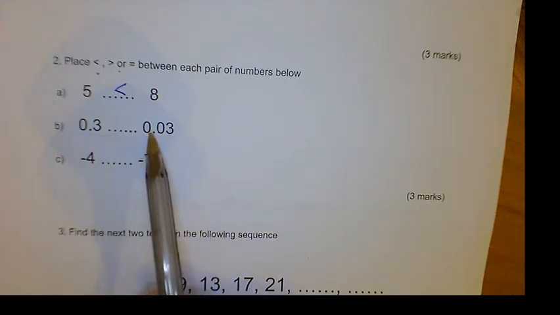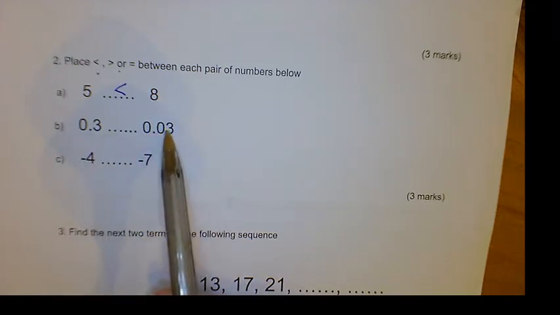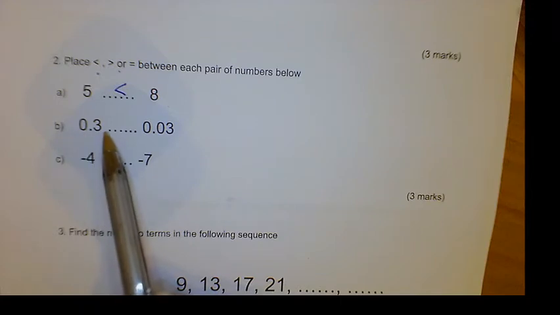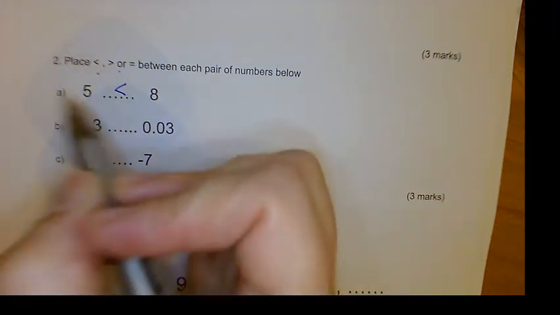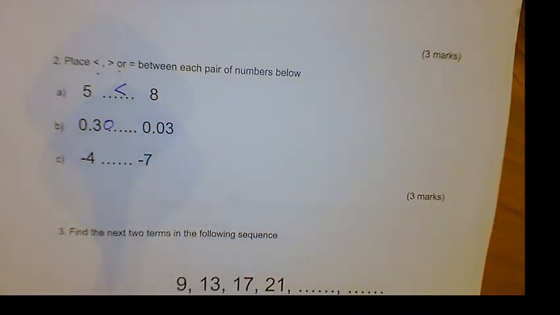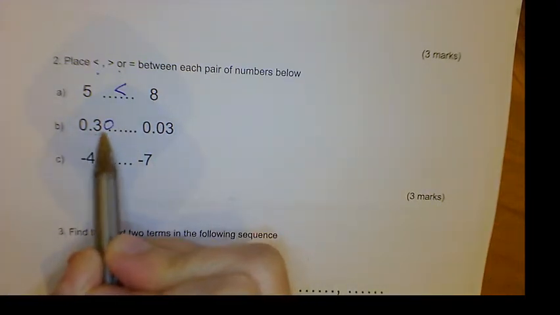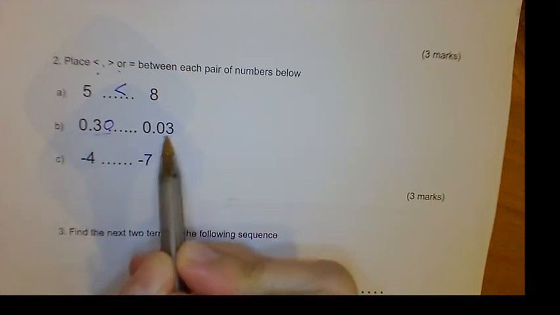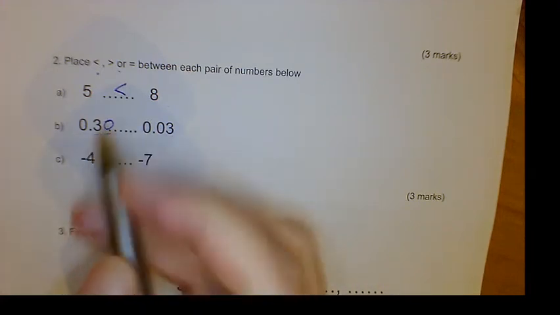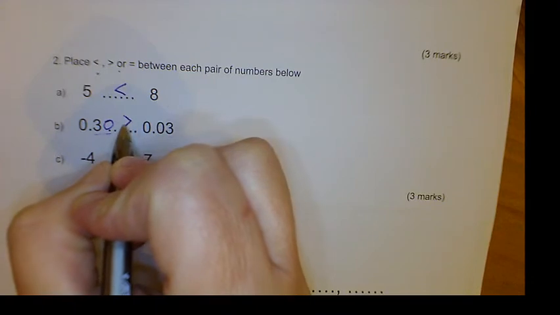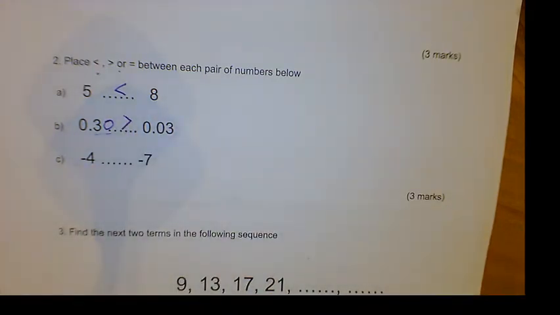So you can see here I've got 1, 2, 3 digits, and here I've only got 2. Because it's a decimal, I'm allowed to add as many zeros on the end as I like. So now looking at that number, which one's bigger, 30 or 3? Well, 30 is clearly bigger, so the crocodile's going to go that way.